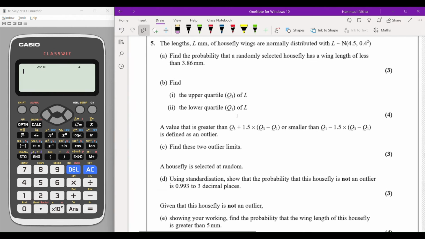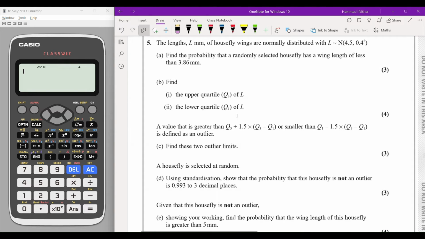Okay, now on to question number 5. The length L of housefly wings are normally distributed with L tilde N(4.5, 0.4 squared). So 0.4 is the standard deviation. Find the probability that a randomly selected housefly has wing length of less than 3.86 millimeters.